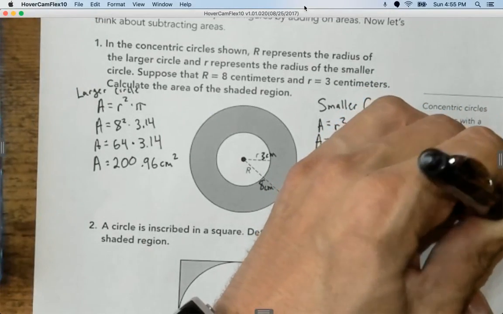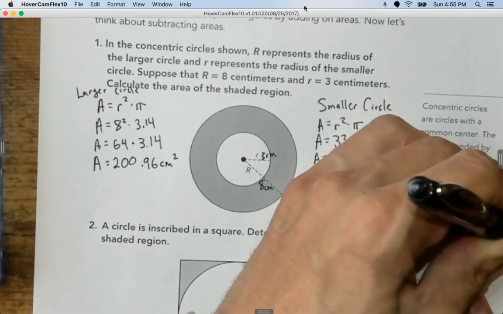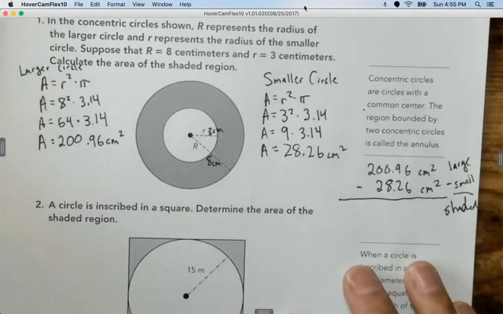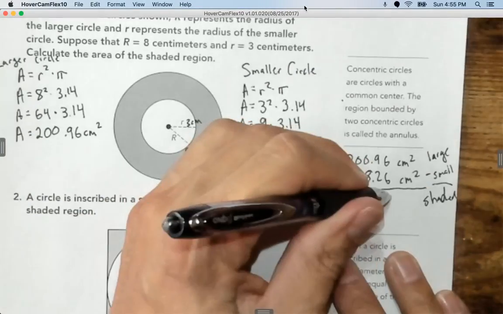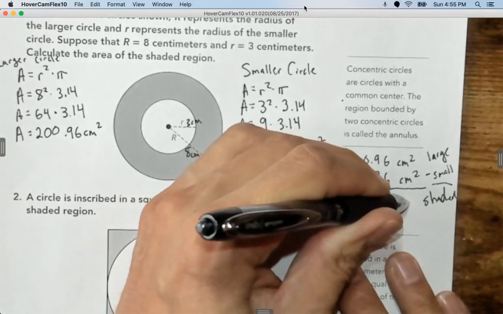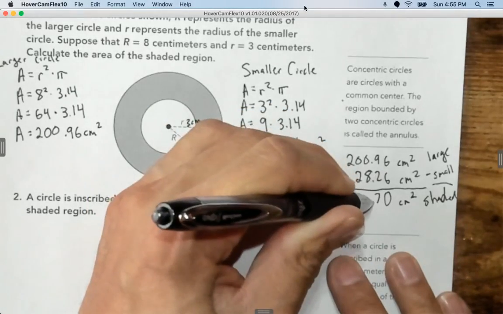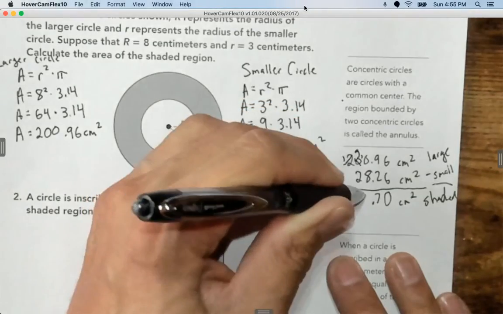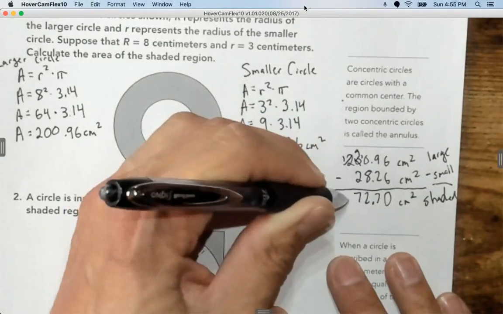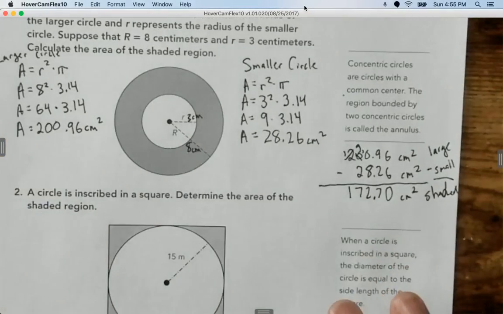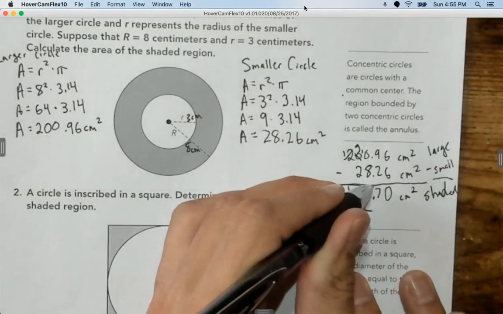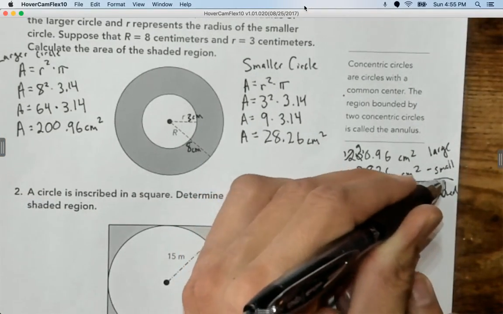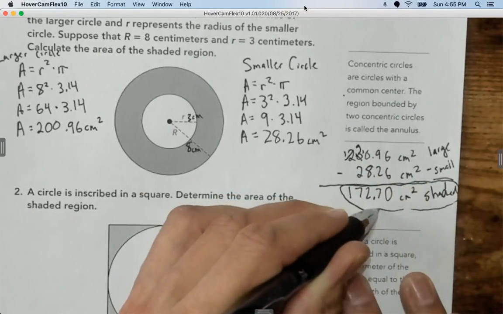Then that'll equal the part that is shaded in. And so I get 172 and 70 hundredths, or 172.7 centimeters squared, that would be shaded. Okay.